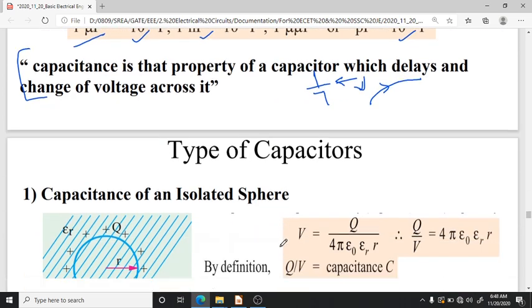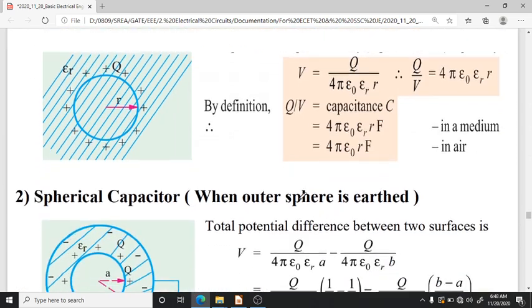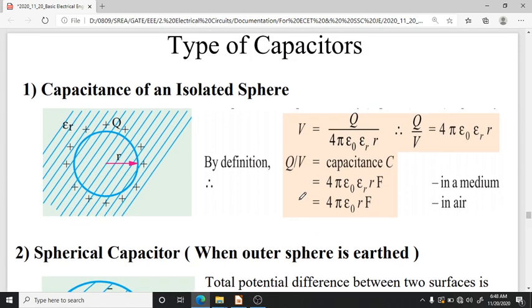Now we'll see the types of capacitors. The first type is the capacitance of an isolated sphere. By definition, the voltage formula is V equal to Q by 4 pi epsilon R. Then what is capacitance?